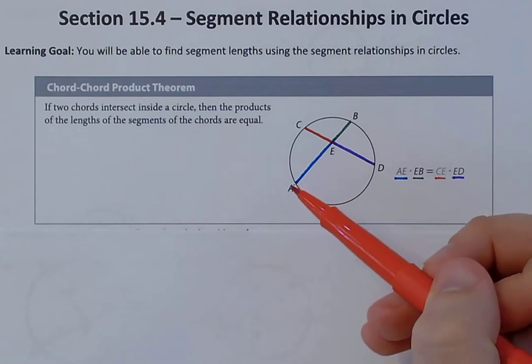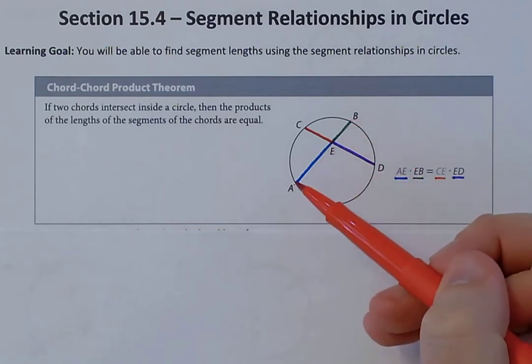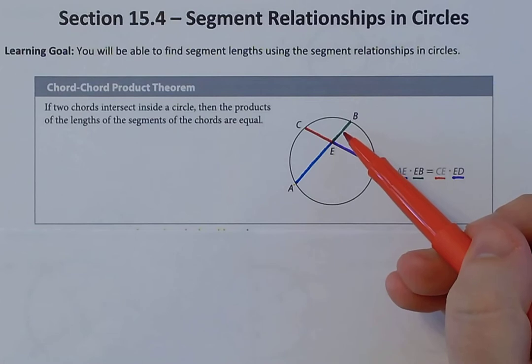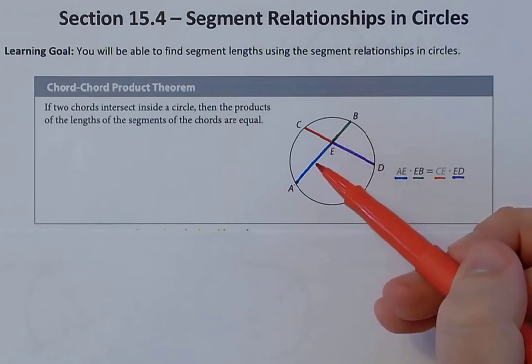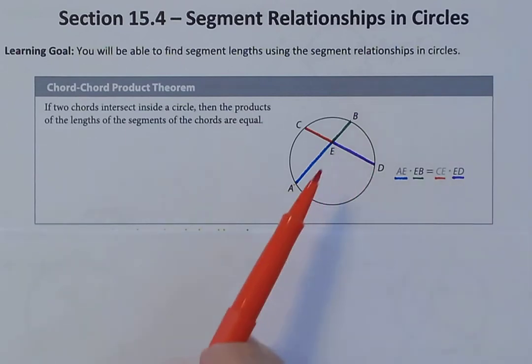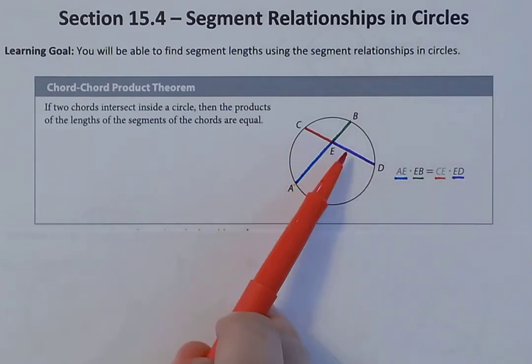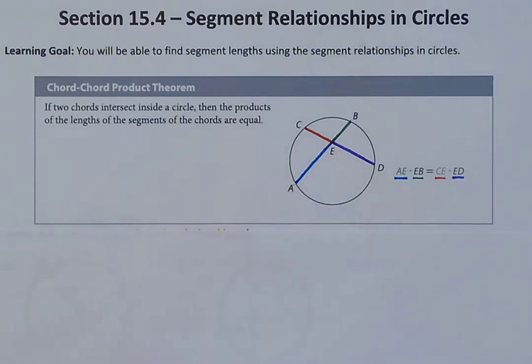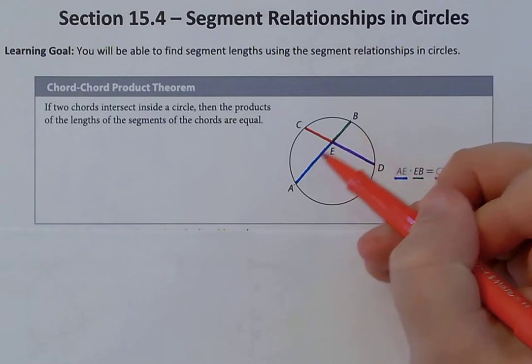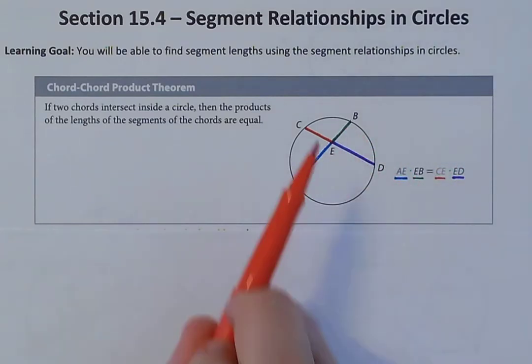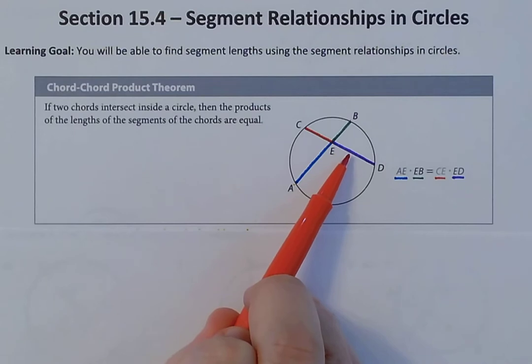That means the two segments for the chord AB, which are AE and EB, if I multiply the value of these two segments together, it equals the value of these two segments multiplied together. So the chords are broken into two parts, so we have four parts overall. The two parts for each chord, if I multiply them, so the blue times the green equals the red times the purple. So that is the chord product theorem.